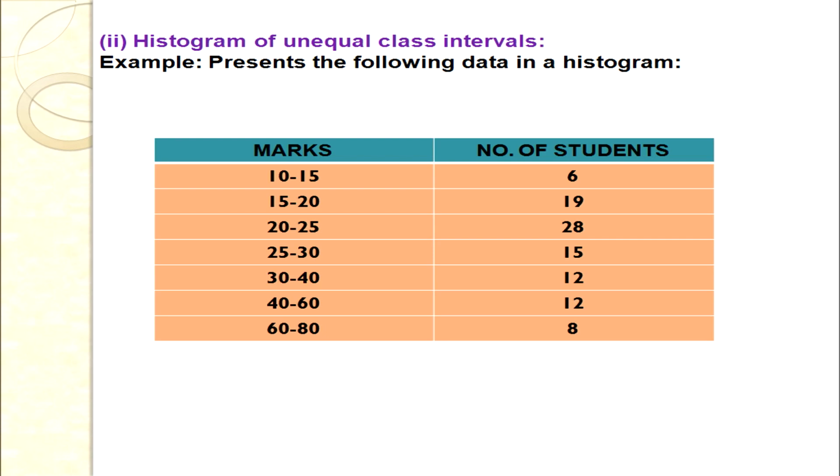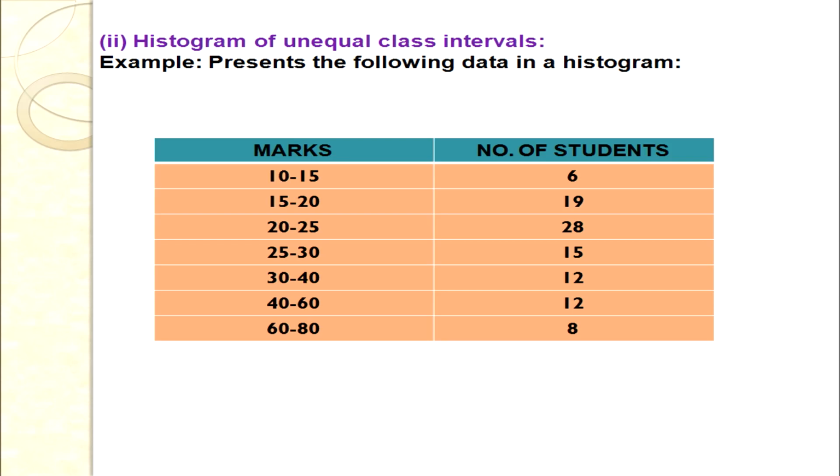For 30 to 40 it is 10, for 40 to 60 it is 20, for 60 to 80 it is 20. So, I have identified that it is a situation of unequal class interval gaps. And look over here also, the upper limit is the next lower limit. It is continuous.